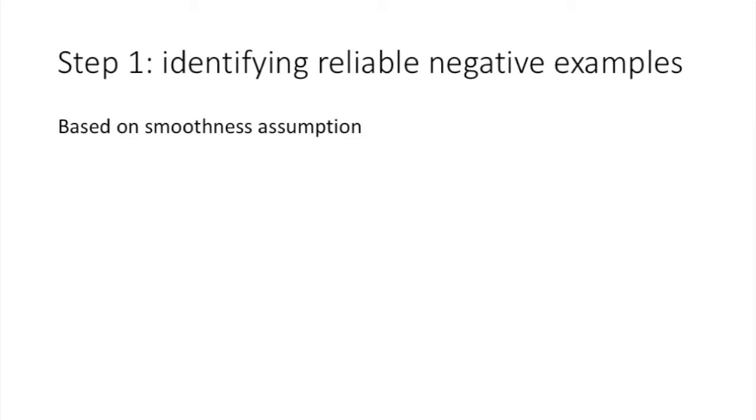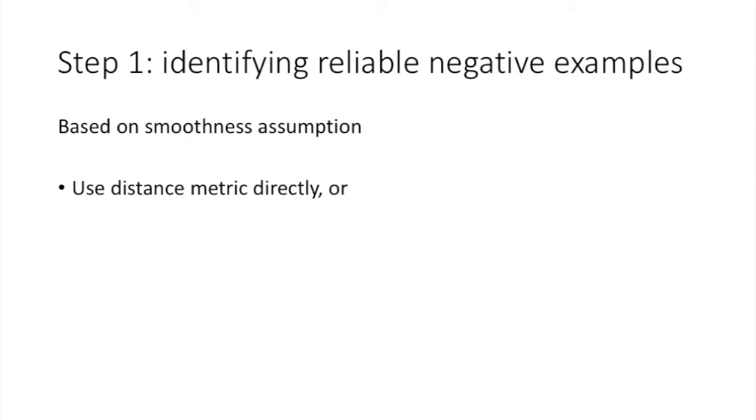So to identify the reliable negative examples, we are going to look at examples that are very dissimilar from all of the positively labeled examples in our dataset. We can select those very dissimilar examples directly based on a distance metric, where, of course, it's very important to choose a distance metric that would make sense in your application.